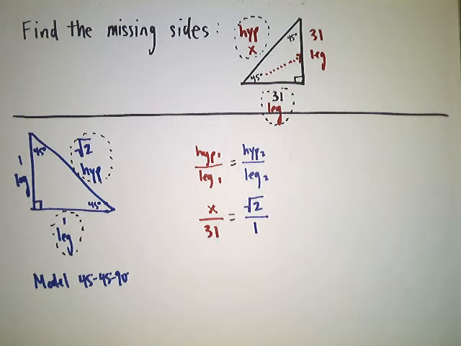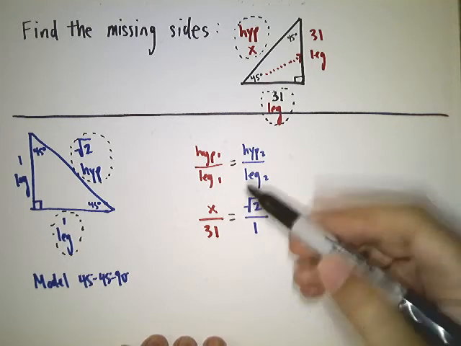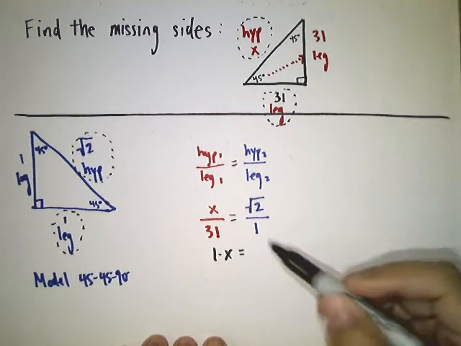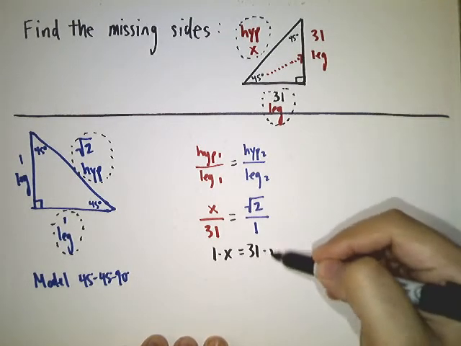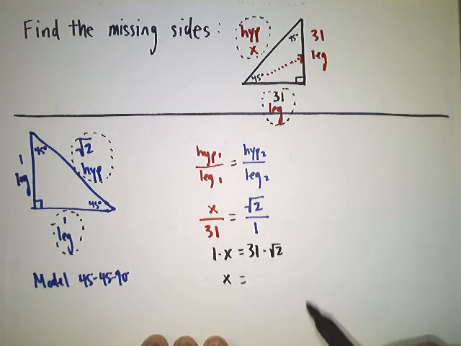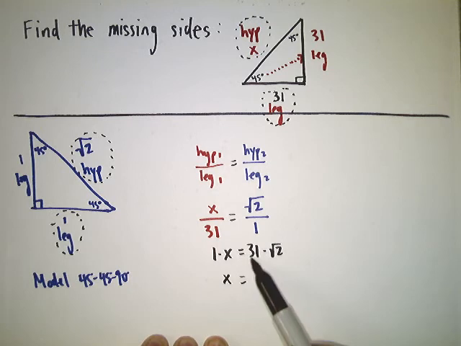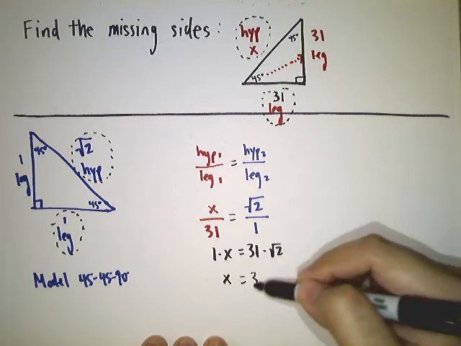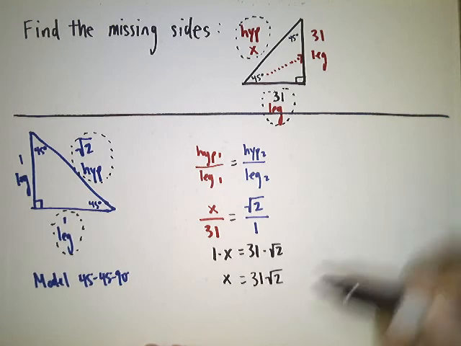Let's cross multiply to solve. 1 times x equals 31 times root 2. Well, 1 times x is just x. And 31 times root 2 can't really be simplified at all, so we'll call it 31 root 2.